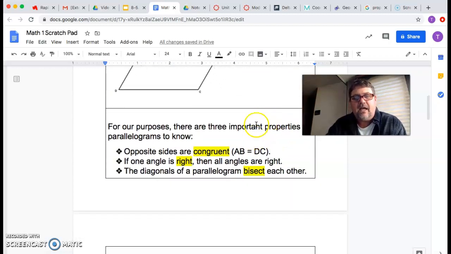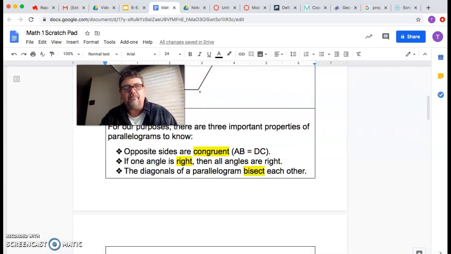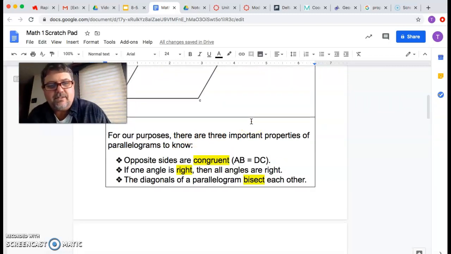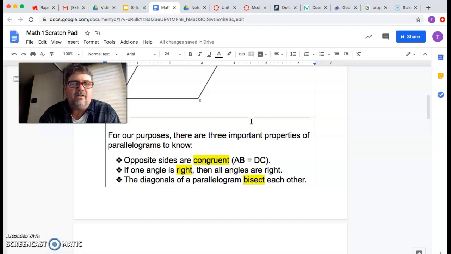Okay. Now, for you guys that are in a formal geometry course, like in Math 2 and 3 and stuff, I know you would probably want to see more rigor than this, but for us in Math 1, when we're going to do some coordinate geometry, I said, well, for our purposes, there's 3 important properties of parallelograms to know, because a lot of our stuff comes in the form of coordinate geometry. And I said, well, first of all, opposite sides are congruent.